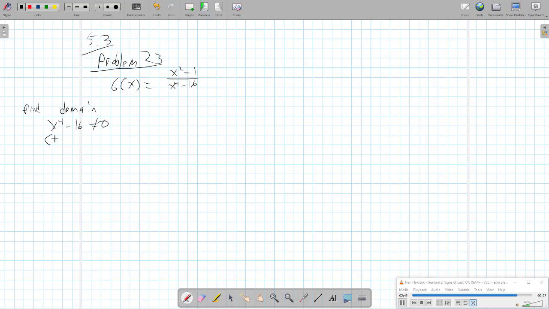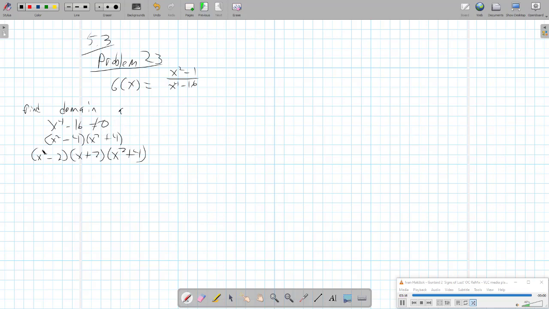We can factor that: x squared minus 4 times x squared plus 4. Factor that: x squared minus 4 is x minus 2 times x plus 2, and x squared plus 4. So that'll be at 2 and negative 2.